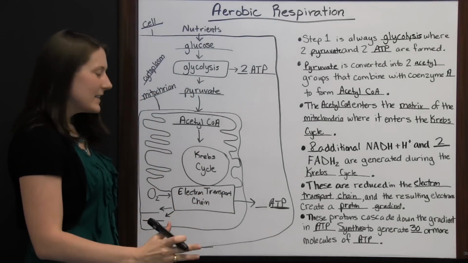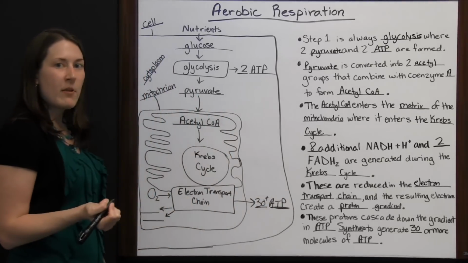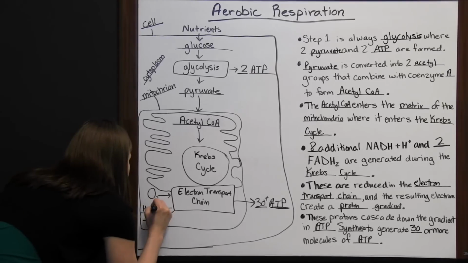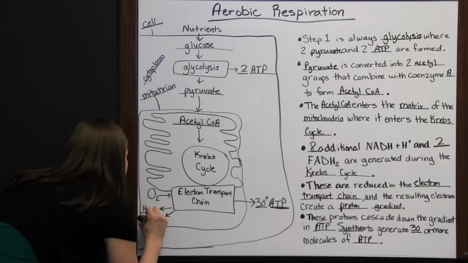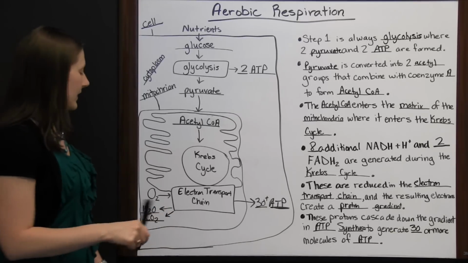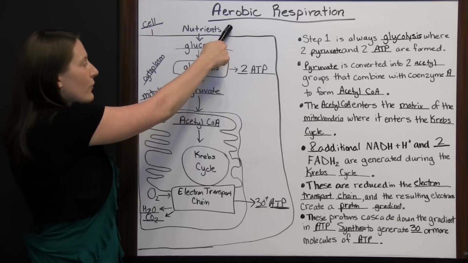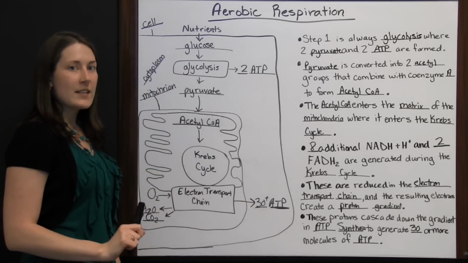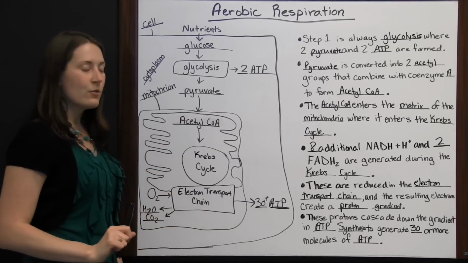The protons cascade down and generate 30 or more ATP molecules with some waste particles in the form of H2O, water, and carbon dioxide. So there are some waste products here, but oxygen went in because this is aerobic respiration. We got 30 plus molecules of ATP plus the 2 from glycolysis, so a net of 32 total.